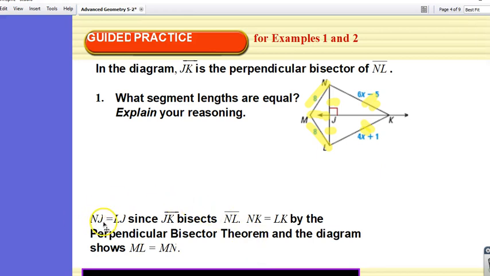So it says NJ equals LJ, so these two are equal, right, because it's bisected. It says that NK equals LK by the perpendicular bisector theorem, and ML equals MN shown in the diagram. Make sense?